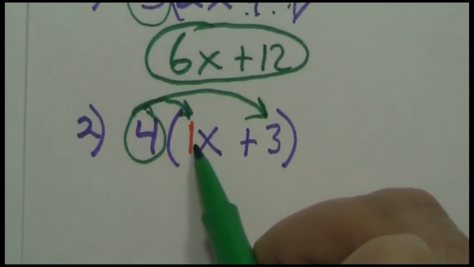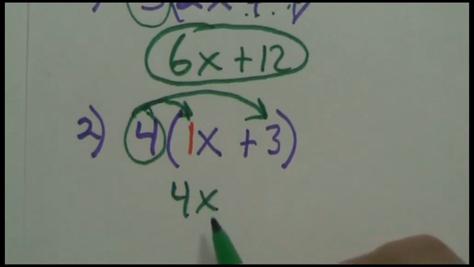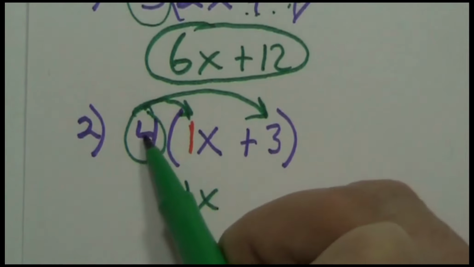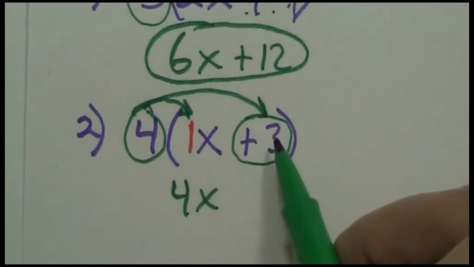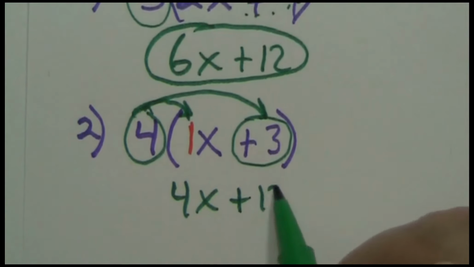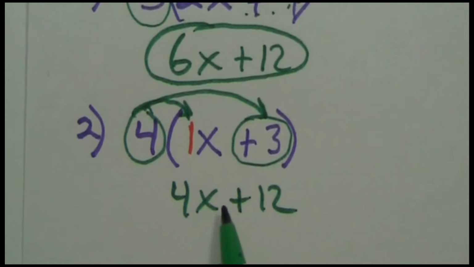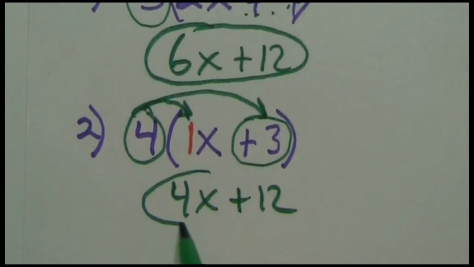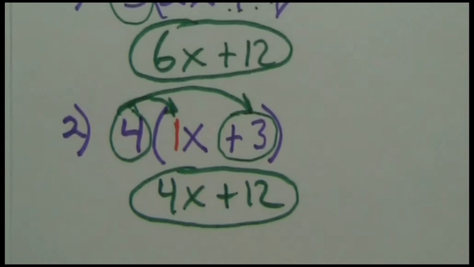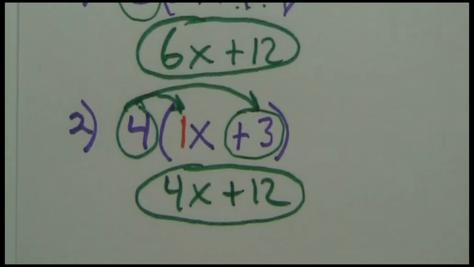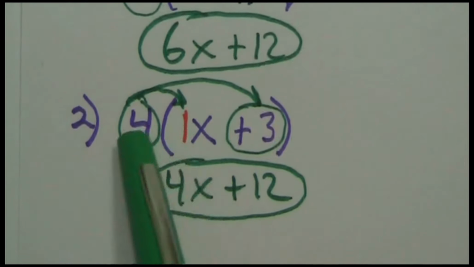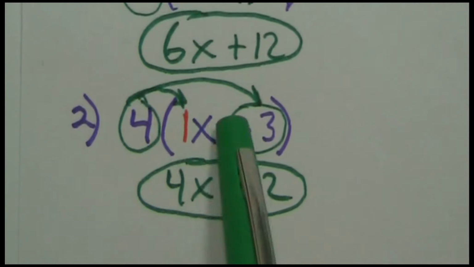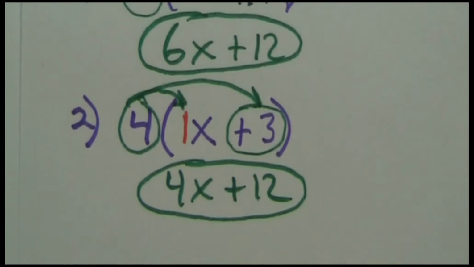So 4 times 1 is 4, and that's an x. 4 times 3, now that's a positive 3. 4 times 3 is 12. And you cannot combine those because they're not like terms. So we can multiply things that aren't the same, but we cannot add them, combine them together.